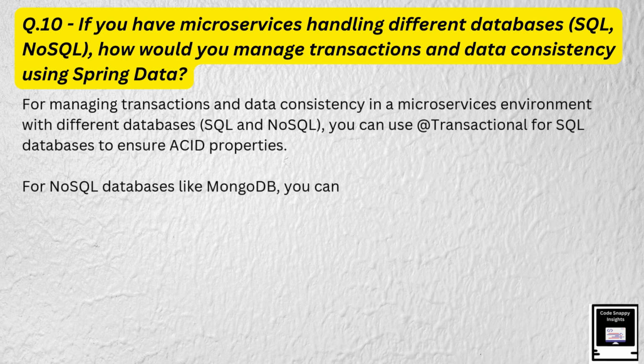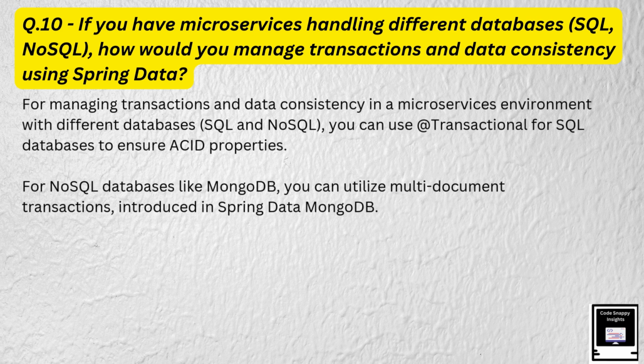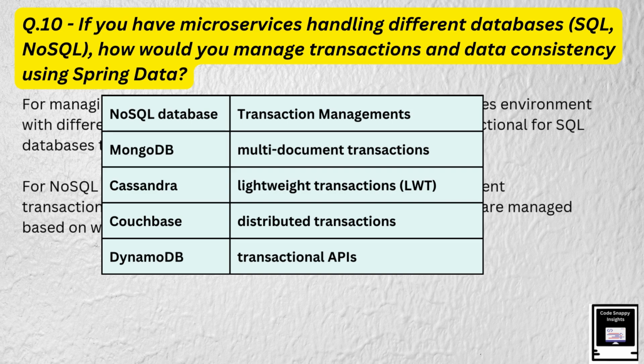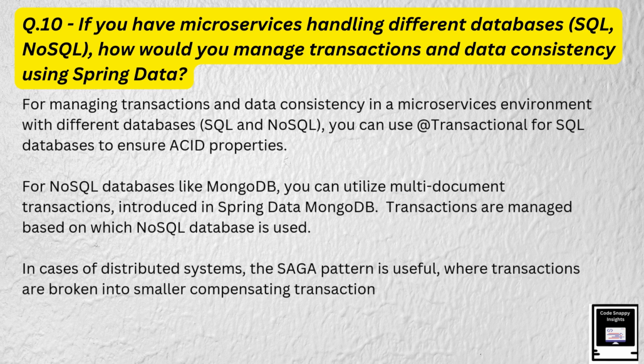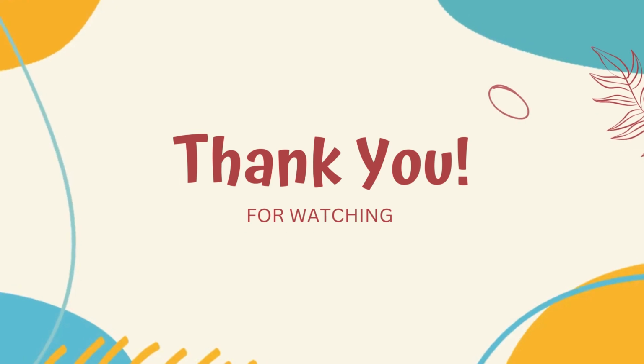For NoSQL databases like MongoDB, you can utilize multi-document transactions, which are supported in Spring Data MongoDB. Transactions are managed based on which NoSQL database is used. In the case of distributed systems, the Saga pattern is used, where transactions are broken into smaller compensating transactions to maintain eventual consistency across services.